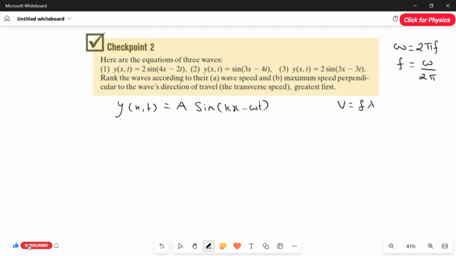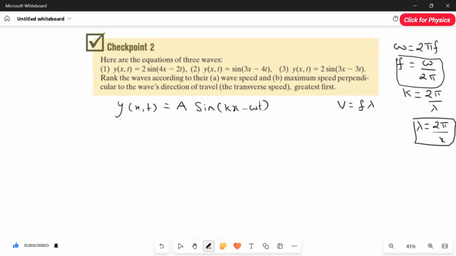We also already studied the concept of lambda, which we took from the angular wave number k, which is equal to 2 pi over lambda. From this we can easily find lambda, so lambda equals 2 pi over k. When you substitute these two into the general equation v equals frequency multiplied by lambda, we get v equals omega over 2 pi multiplied by 2 pi over k.